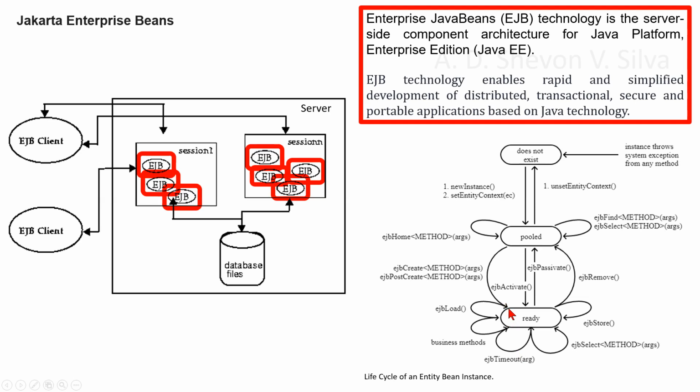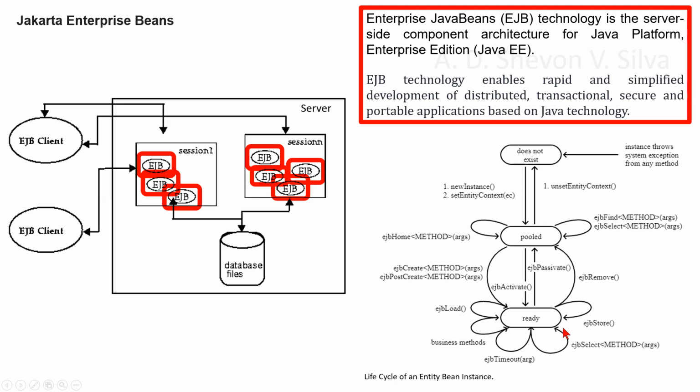When an entity bean instance is in the ready state, the instance is associated with a specific entity object identity. While the instance is in the ready state, the container can synchronize the state of the instance with the state of the entity in the underlying data source whenever it determines the need to, in the process invoking the EJB load and EJB store methods 0 or more times.